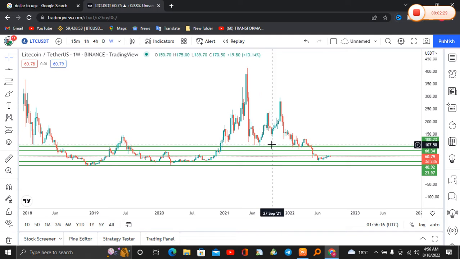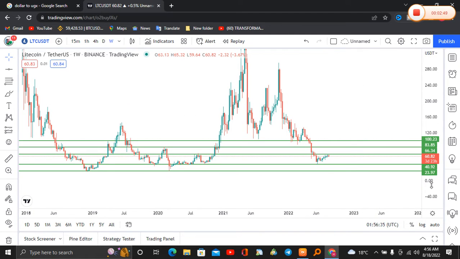It got some support, buyers jumped in, and pushed the price back to the 297.98 level. The coin dropped again, now all the way to this level of $60.